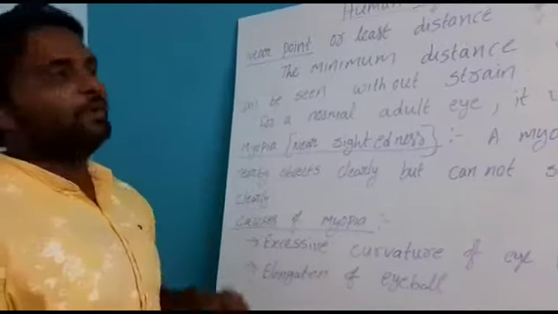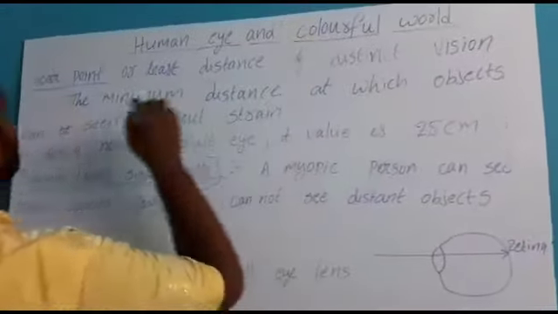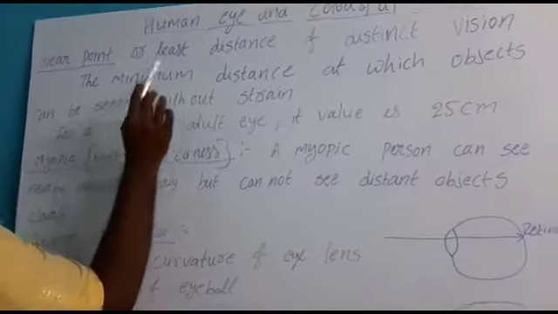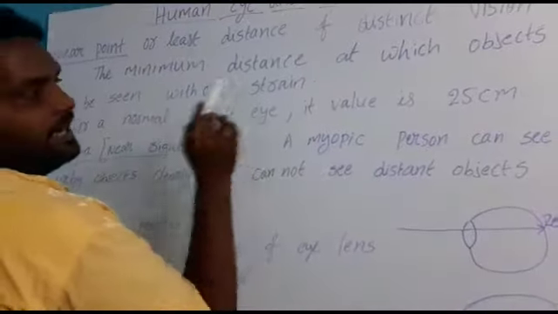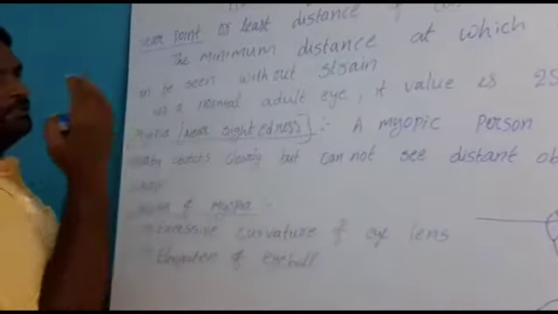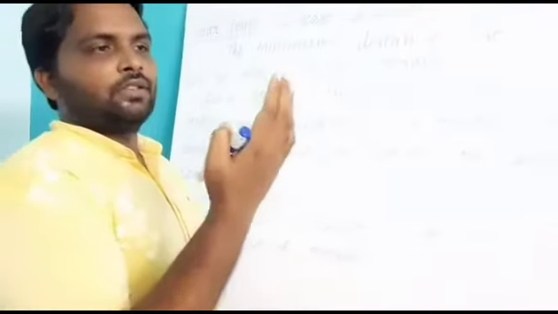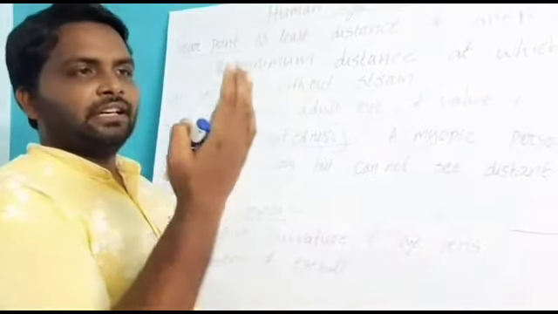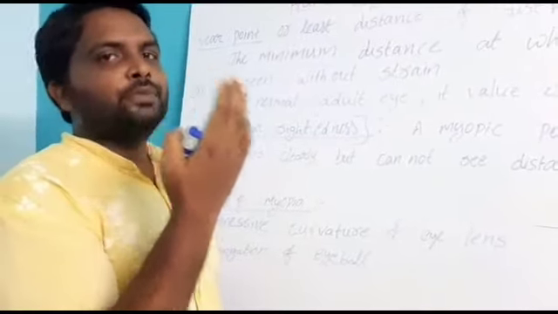Now we see near point, or least distance of distinct vision, meaning the minimum distance at which objects can be seen without strain. Only from some minimum distance can we see objects; when an object comes too close to our eye, we can't see it clearly.